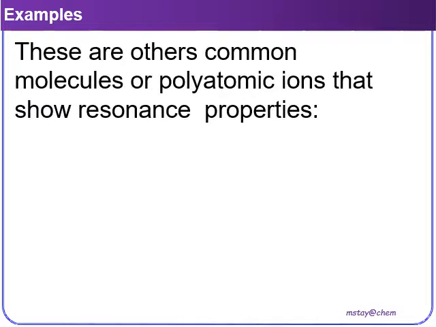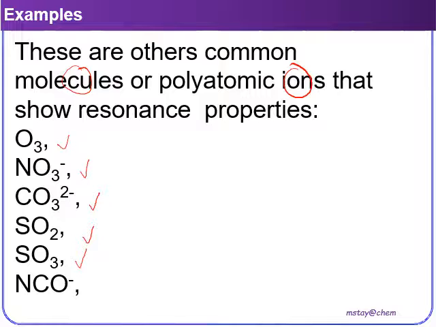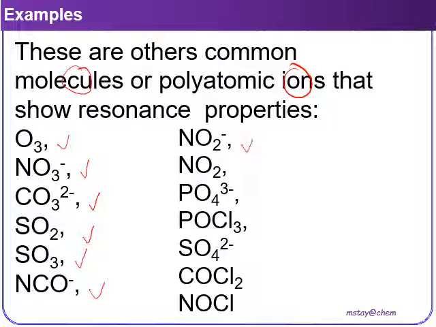There are a few common molecules or ions that are able to form resonance structures, or that show the resonance property: O3, NO3 negative, CO3 2 negative, SO2, SO3, NCO negative, NO2 negative, NO2, PO4 negative, POCl3, SO4 negative, COCl2, and the last one, NOCl.